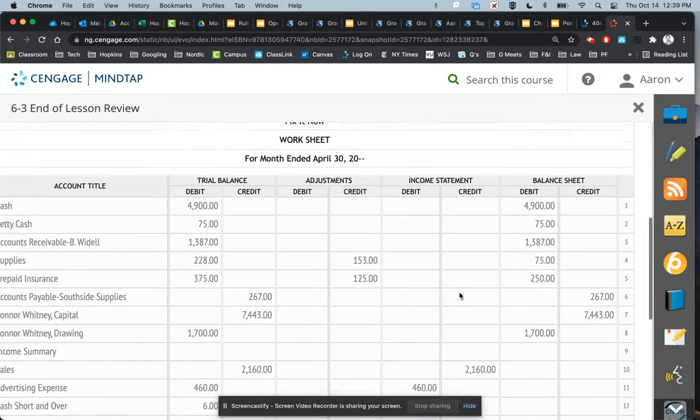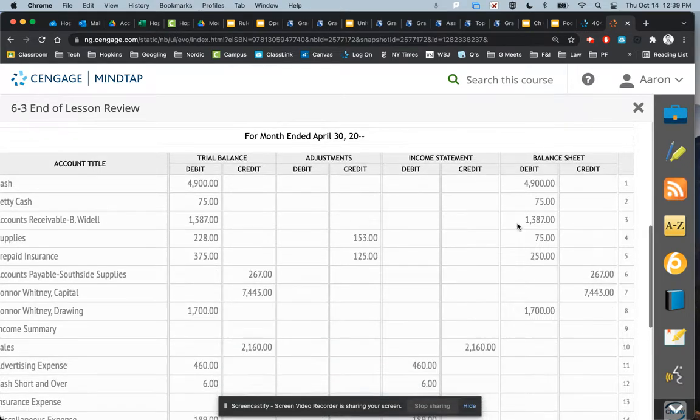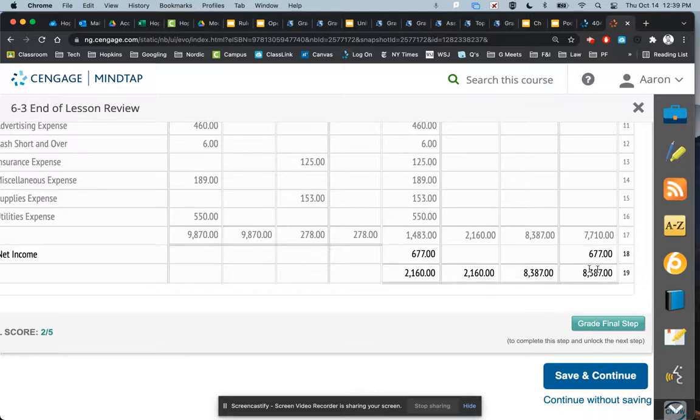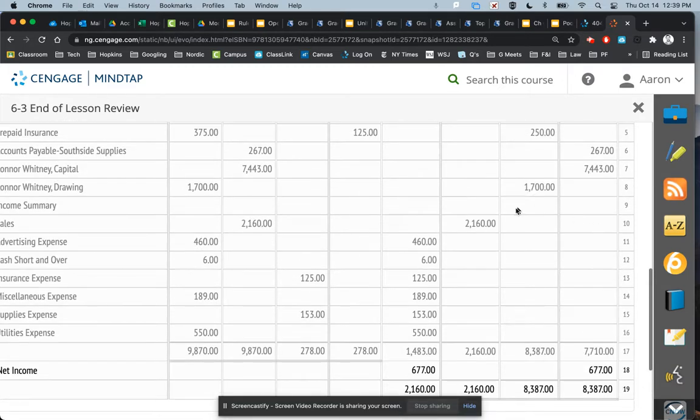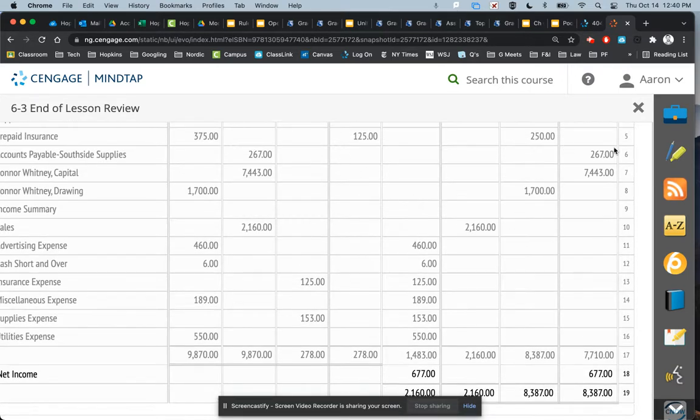Now, the last thing, and the reason why you do a draft of this first, is so that you can spot errors. Like, what if your numbers don't match? That's a problem. You need to have your numbers match. If they don't, you missed something. All right. And there's a process of going back in and finding errors, starting with going back and making sure that you just transferred these things over correctly. And if you did that correctly, then you have to go back to your general ledger totals and make sure you transferred those correctly.